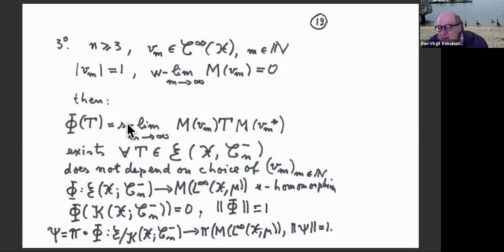For instance, these Vm start oscillating faster and faster, so these multiplication operators have weak limit 0.